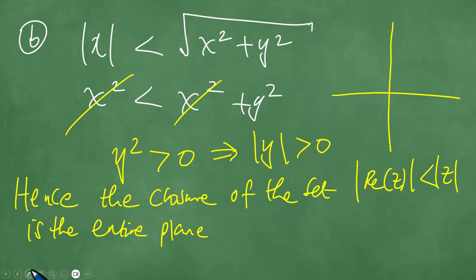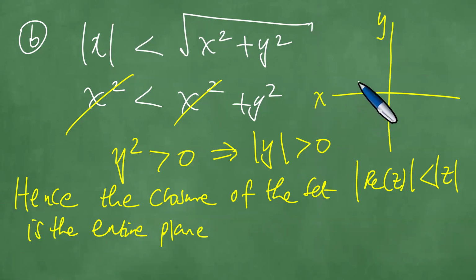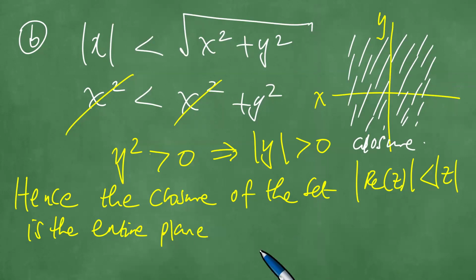So if this one is y and that is x, the closure will actually contain everything else. This should be the closure.